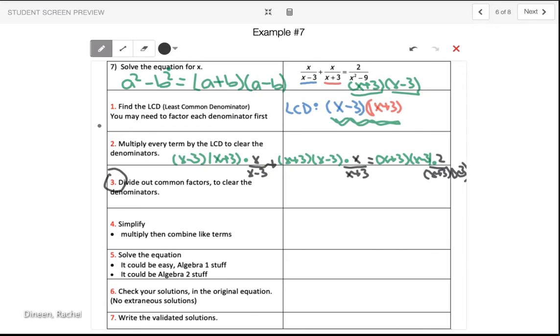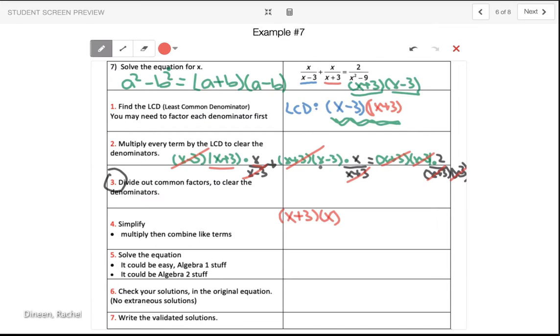Now I'm on step 3. I'm going to divide out common factors. So I have an x minus 3 and an x minus 3, so they divide out. I have an x plus 3 and an x plus 3, and x minus 3 and x minus 3. So from my first expression, I have x plus 3 times x, right here, x plus 3 and x.